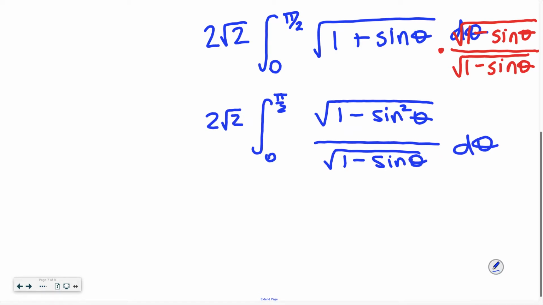Now, what is 1 minus sine squared? Okay. So 1 minus sine squared is cosine squared. Now we do have to be careful here. It is not always as simple as the square root of cosine squared is cosine, because when would that not be true?